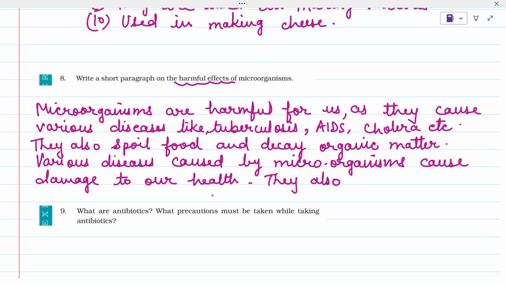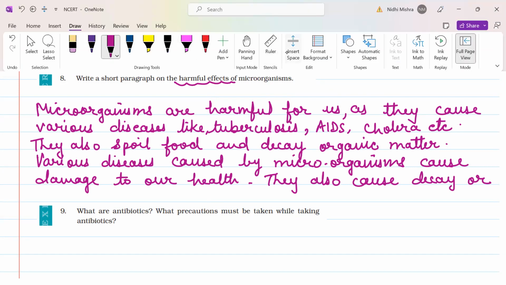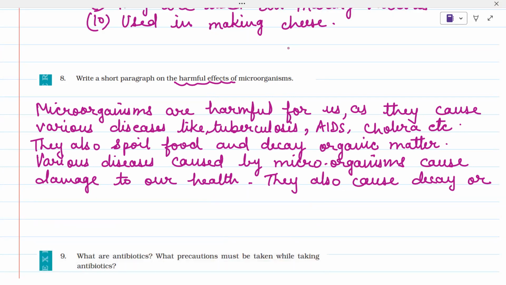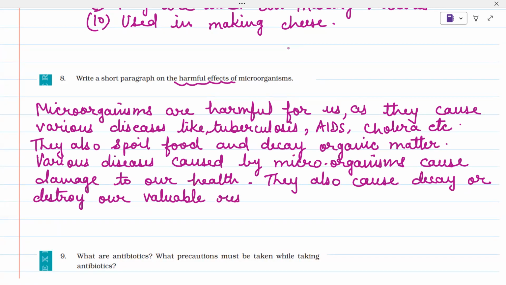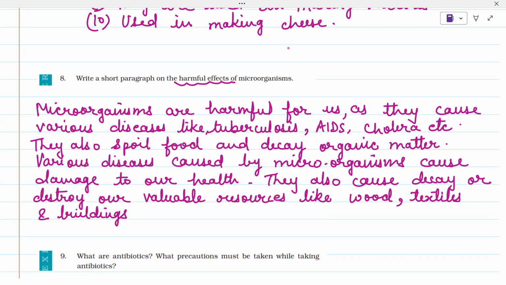They also cause decay or destroy our valuable resources like wood, textiles, and even buildings as well, right?